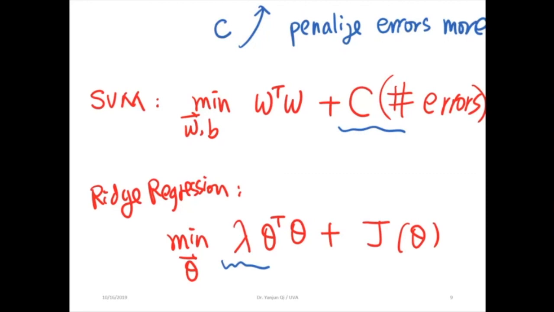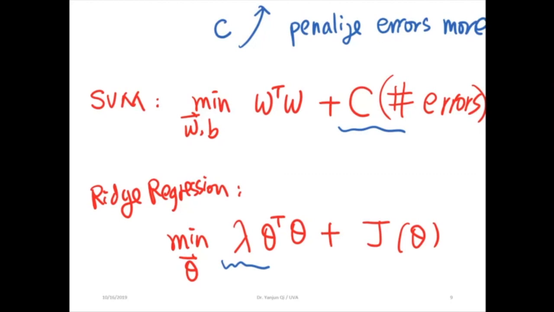The larger the C, the more penalization I put on the errors, which means I don't want to make errors. If I have an extremely big C, I want to minimize the number of errors in my searched W and B as much as I can.